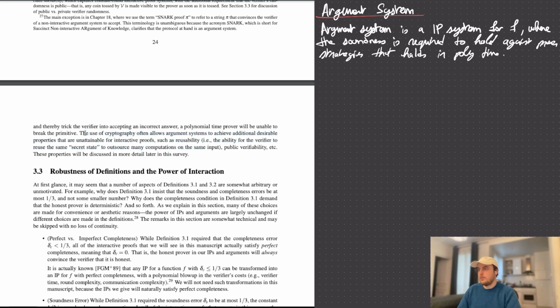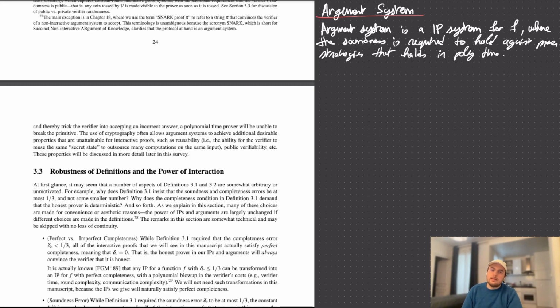Okay, the use of cryptography. So if I understand correctly, what they're saying is that arguments can use cryptography and are computationally sound proofs because they use cryptography to create the proofs.